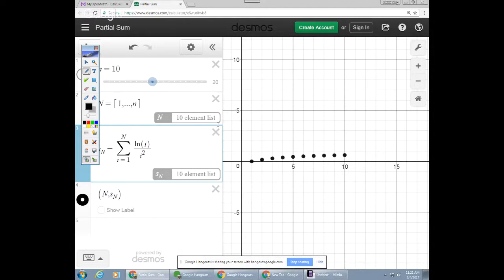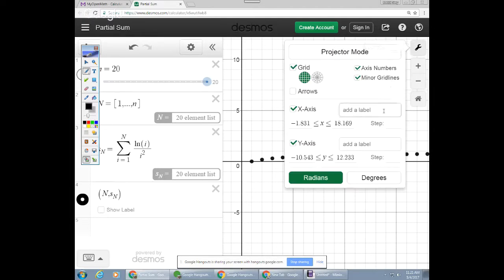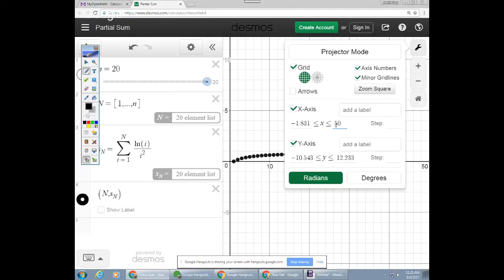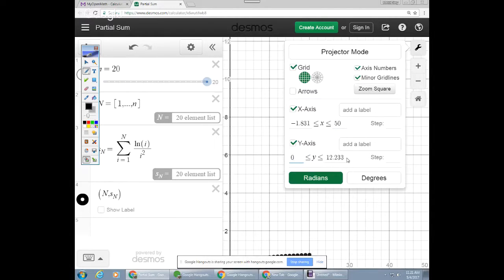I only have a few terms there. Let's extend it out. I think I need to fix this graphing thing. Let's go out to 50 maybe, and y can go from 0 to 2.